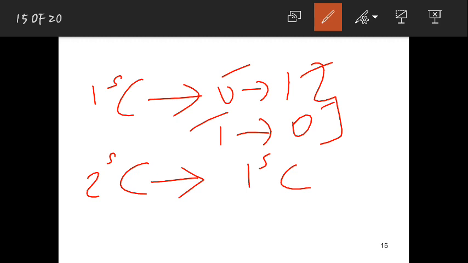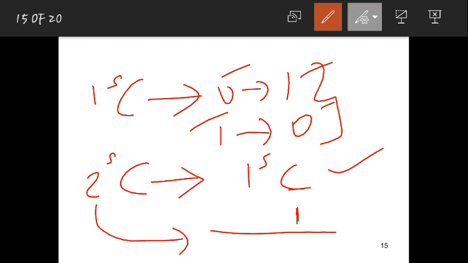That is the first step of the 2's complement. And the second step is, after doing this you will get a result, the 1's complement result. You should add 1 to that 1's complement, then you will get 2's complement.